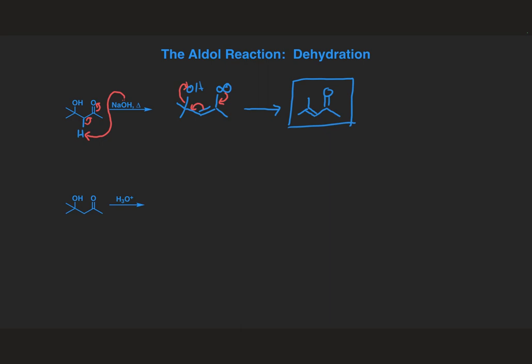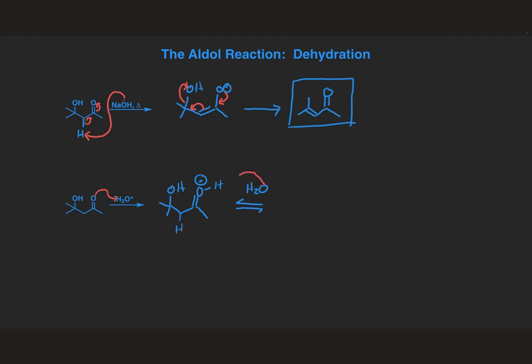Beta hydroxyketones can also dehydrate under acidic conditions. And so in the first step, we're going to tautomerize the ketone by protonating it. Remember that tautomerization is reversible, and so we're going to draw this as an equilibrium.